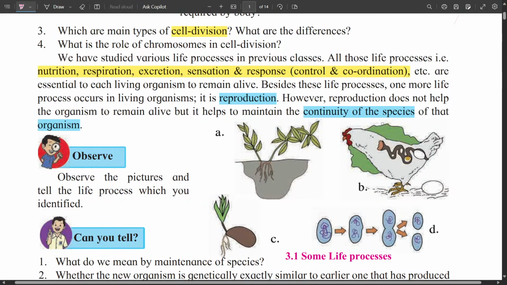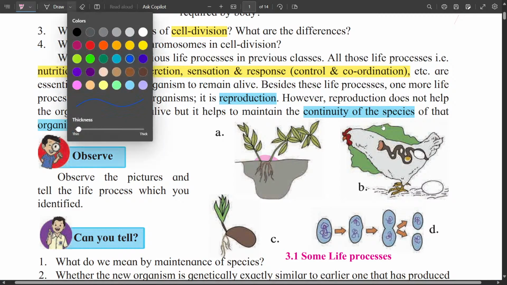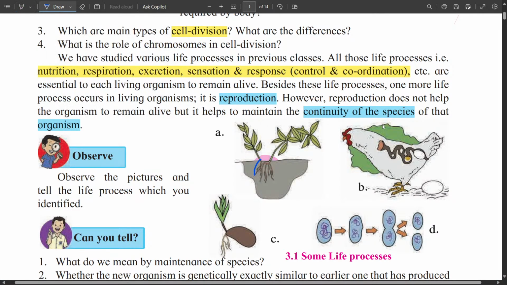Here some methods of reproduction are shown. In the first case you can see that the reproduction is taking place through the roots of this plant. In the second diagram you can see the formation of an egg in a hen, that is also a reproduction.